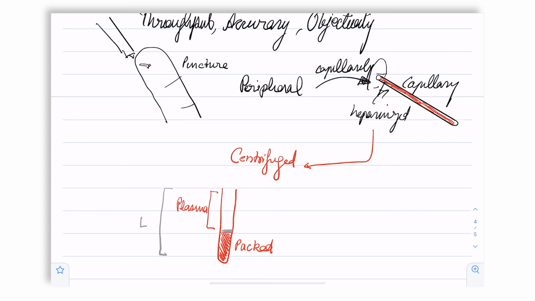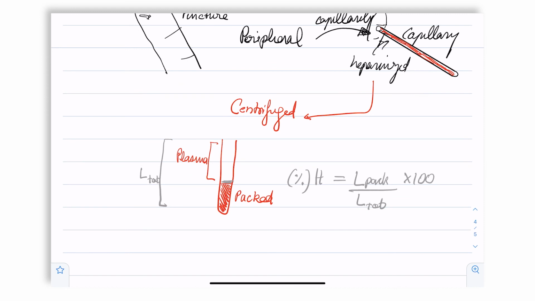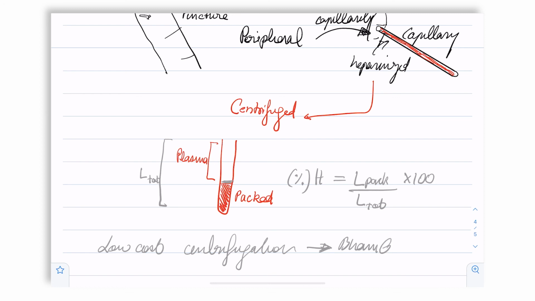This then being the L total. So H then becomes L pack by L total into 100 to give you percentage hematocrit. We will come back to this in the context of low cost centrifugation in a paper that we will discuss by Bamla et al.